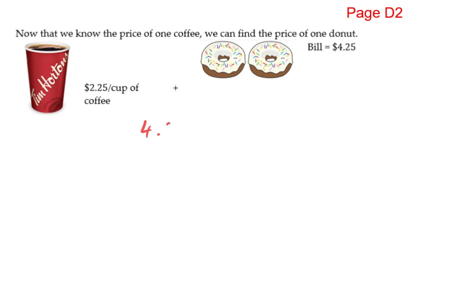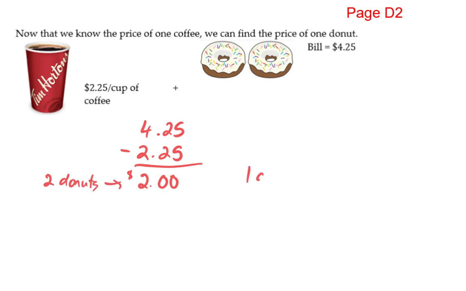So if we've got $4.25 in total, we subtract off the $2.25 from the coffee, we're left with $2 for our donuts. That gives us 2 donuts, so 1 donut must be that $2 divided by 2. So the price of a donut is $1.